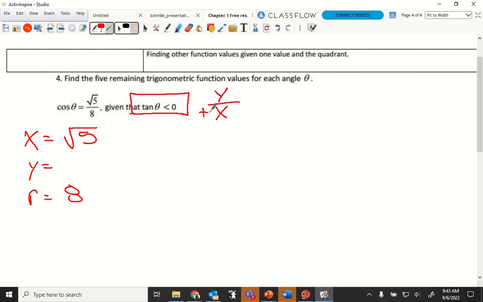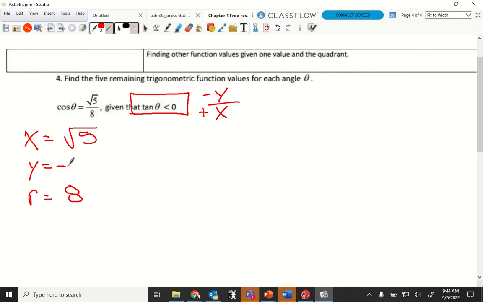So for this fraction to be negative, what's got to happen with my y? Y has to be negative, because for the whole thing to be negative, I need only one of them to be negative. So my y has to be negative right there.